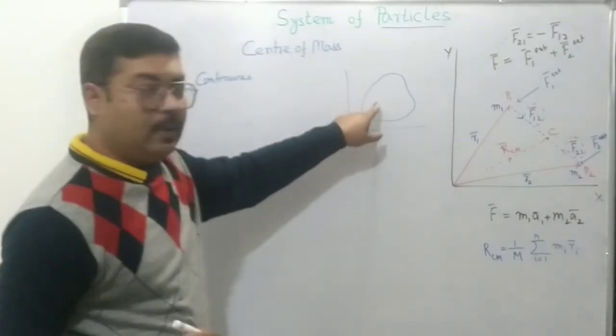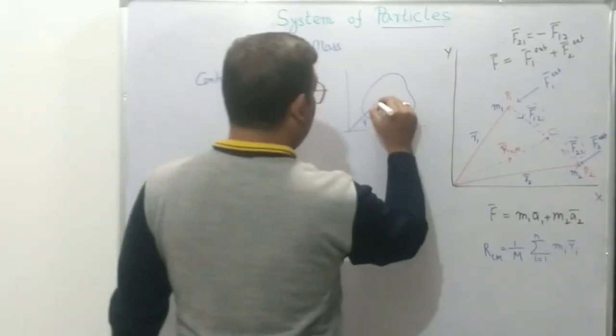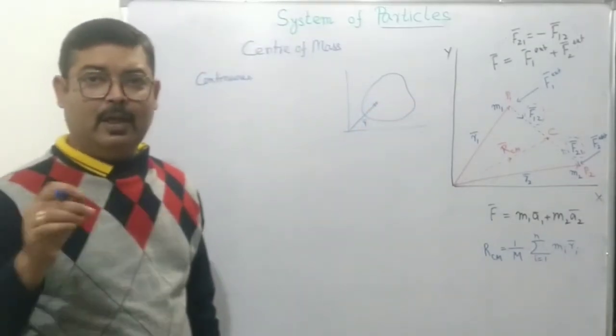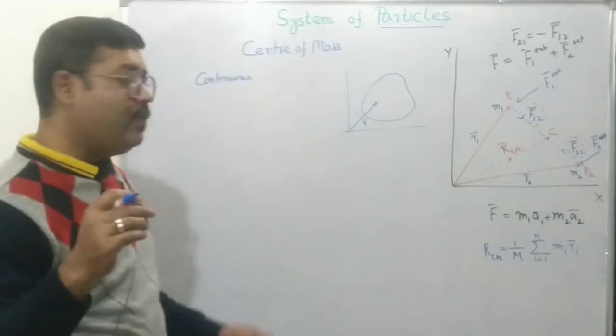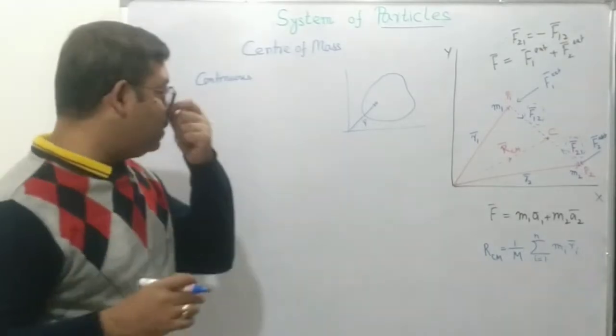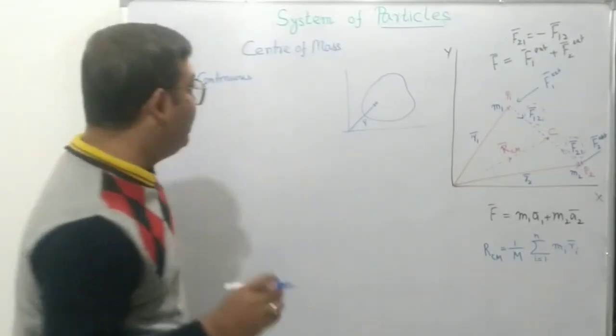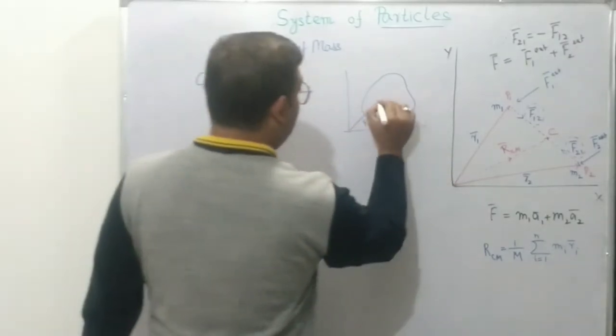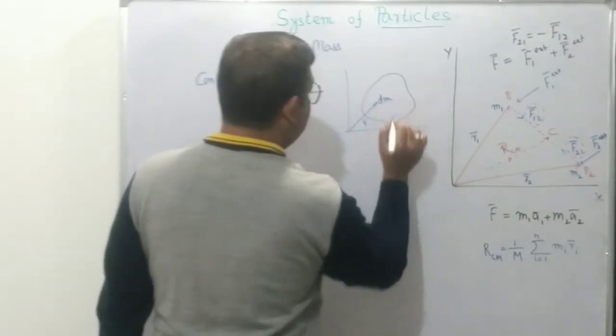Let's say the mass of this small elementary volume, so small that in the limiting case where dx, dy, dz, the three sides of the cuboid will be tending towards zero, very very small, and let's say its mass is dm.